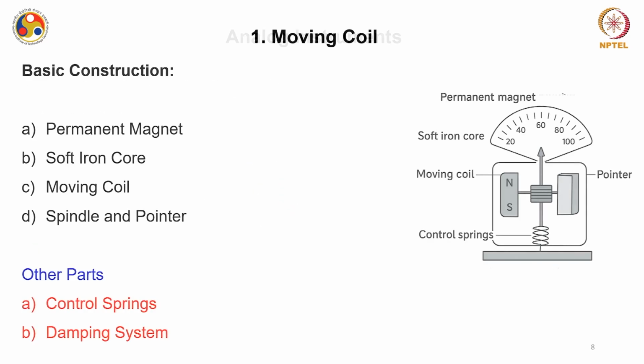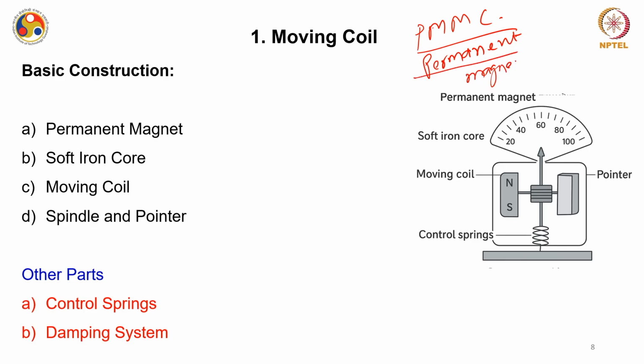So, let us first talk about the moving coil kind of instrument, which, as we have seen, is also known as the PMMC instrument, which stands for permanent magnet. Whenever I use the word moving coil, please note that I mean permanent magnet moving coil.